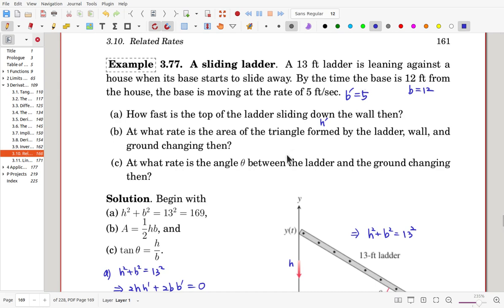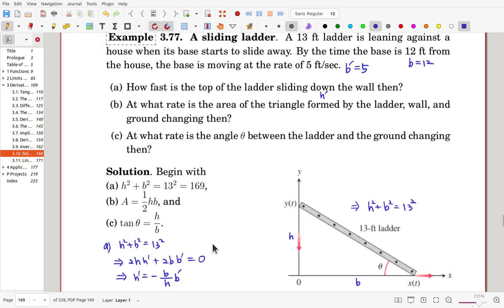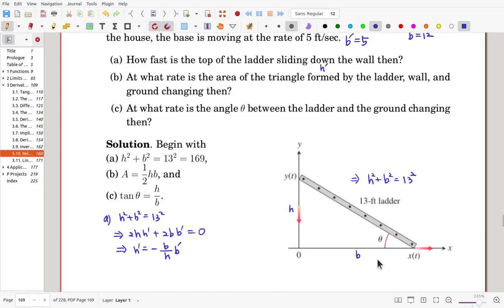So when b is 12, we know that h must be 5, since 5, 12, 13 are the Pythagorean triple. So we have all the required quantities.